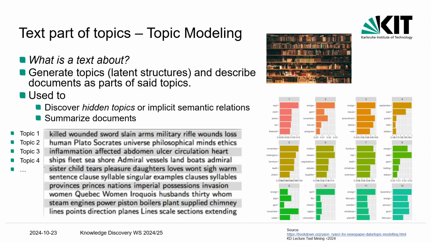We use a lot of data to create a topic model, and then whichever document we get in is considered to be a combination of different topics, because all words are associated to different topics in different amounts, and as such, when you use them, you get a distribution over the different topics for each document. So in topic modeling, we generate topics, which are latent structures, and we describe documents as parts of these said topics.